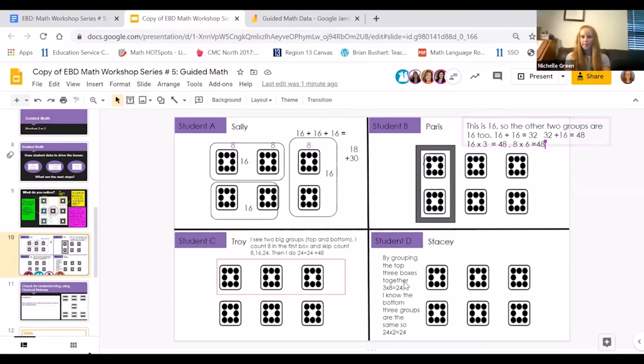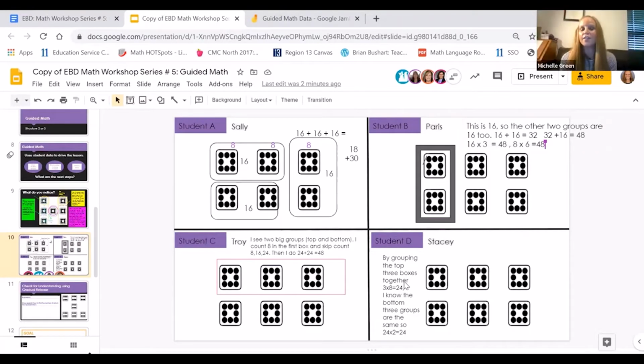So I did that with the 8. I knew there was 8 everywhere, but I couldn't remember what 3 8s were, but I knew what 2 8s were. So 16, and then I just did it again and did it again.